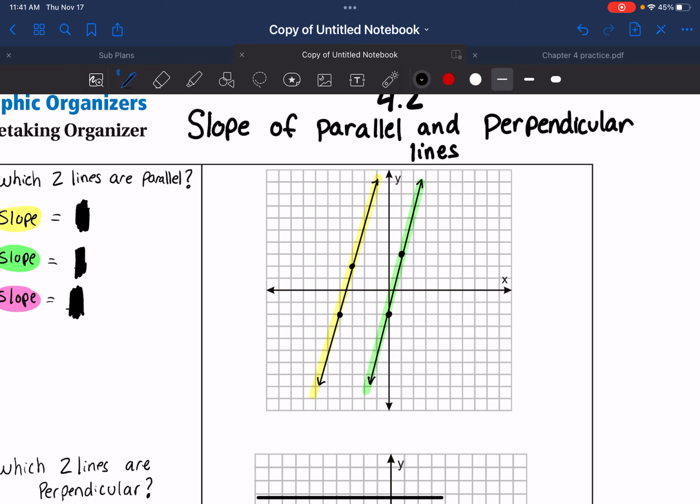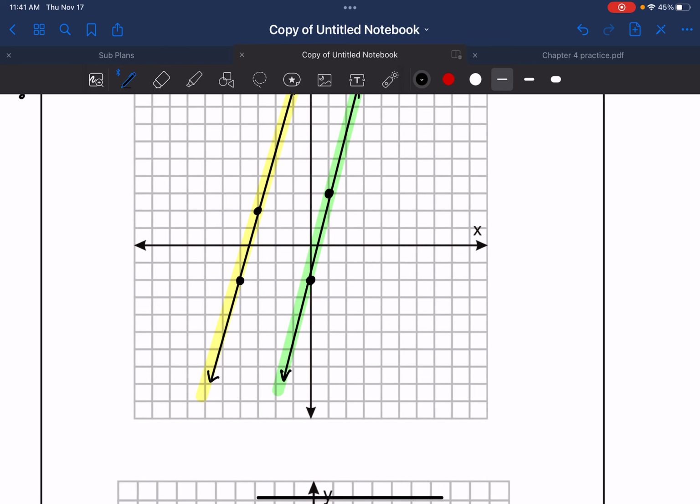Okay, and now we're going to do our third line. Our third line starts with point 3, -3. So you're going to go over 3, 1, 2, 3, down 3, 1, 2, 3. Okay, the next point is 4, 1. So I'm going to go over 4, 1, 2, 3, 4, up 1.